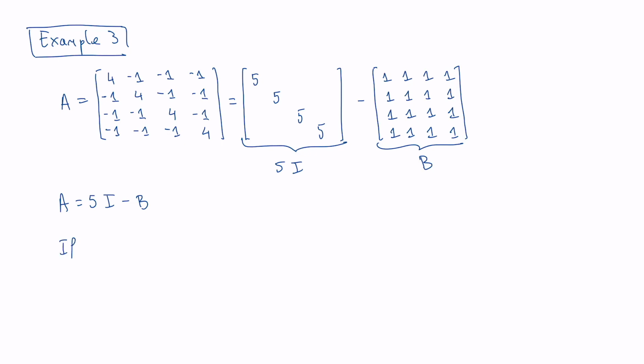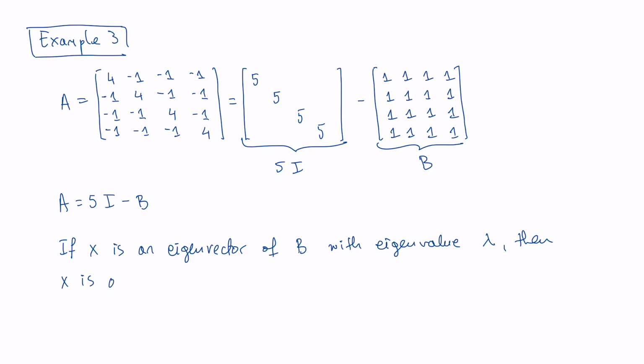If X is an eigenvector of B with eigenvalue lambda, then X is also an eigenvector of A, but the eigenvalues are shifted.